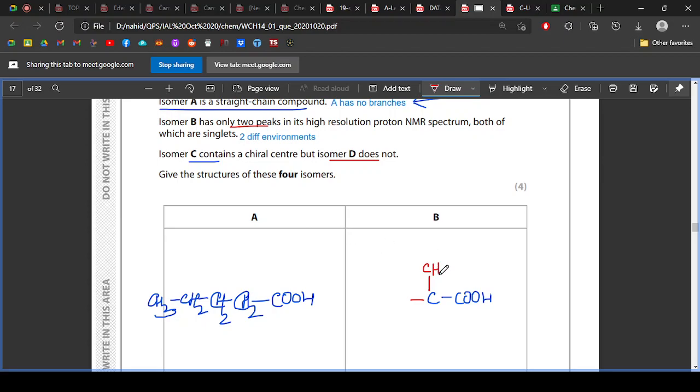Since it has two peaks and both are singlets, the neighboring carbon matters. Can you see if you agree with this structure?